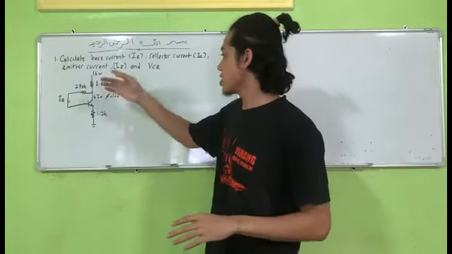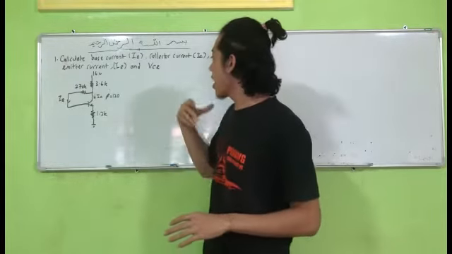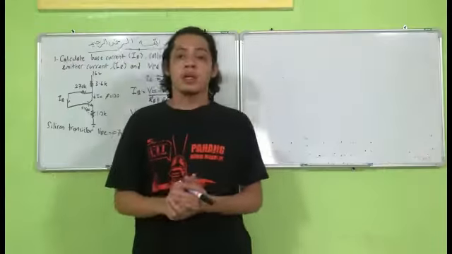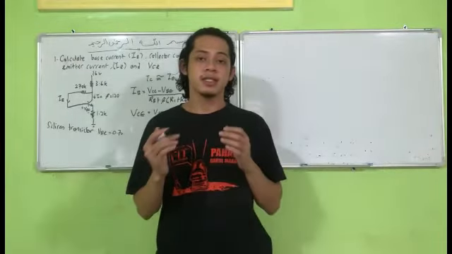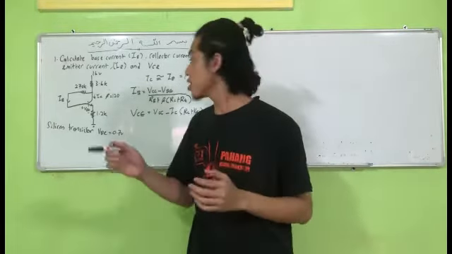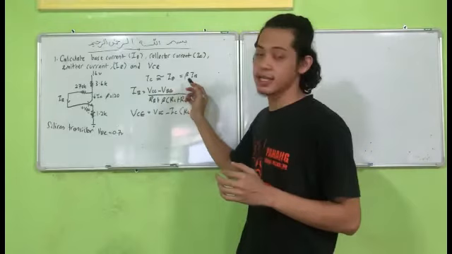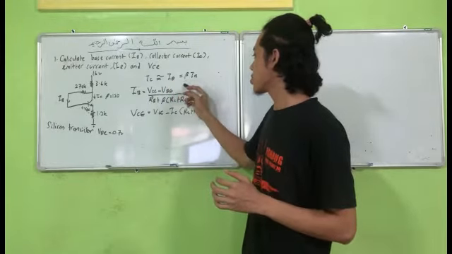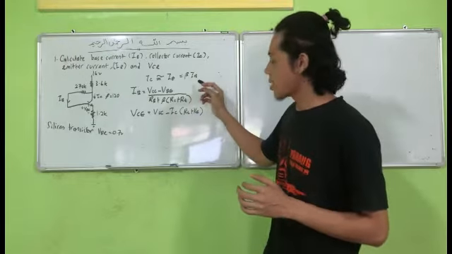This question asks us to find IB base current, IC collector current, IE emitter current, and VCE collector to emitter voltage. If beta is large, we can make the approximation that IC is equal to IE. That means to find IC or IE, it is equal to beta multiplied by IB.